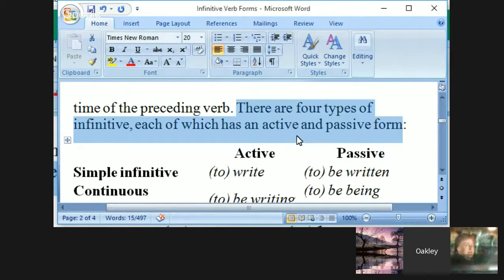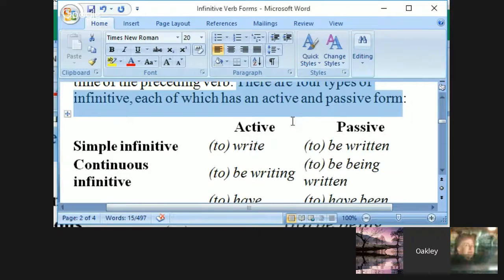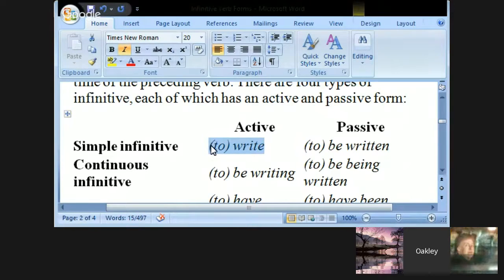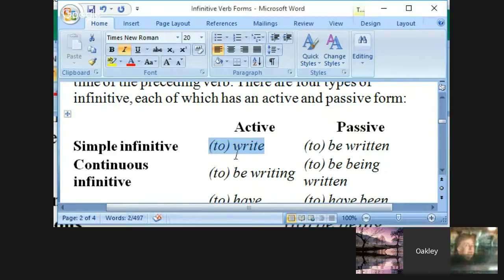Okay, there are 4 types of infinitive, each of which has an active and a passive form. For example, what you usually think of when you think of infinitive, the simple infinitive, to write. Passive form would be to be written.